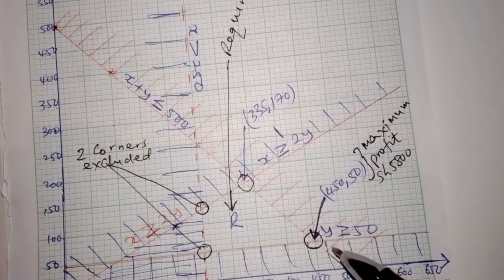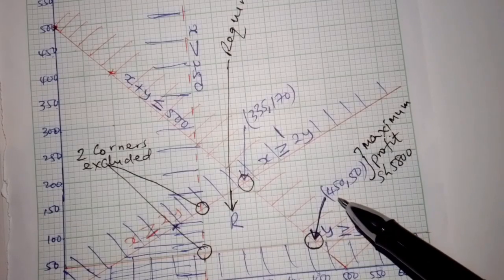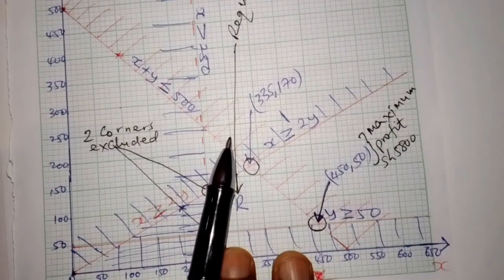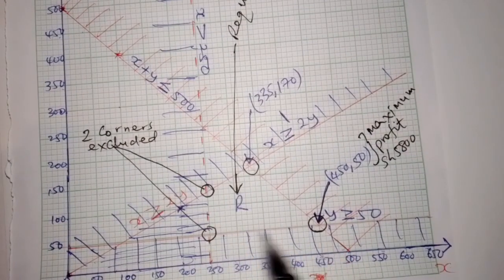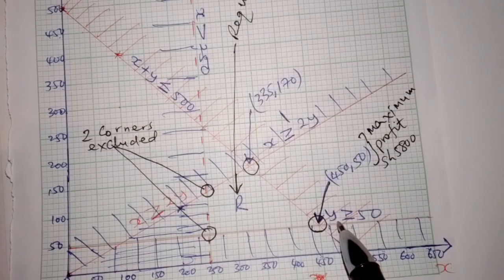Then we are going to test this corner here, 450 and 50. So we are going to test the two corners to find the maximum profit.